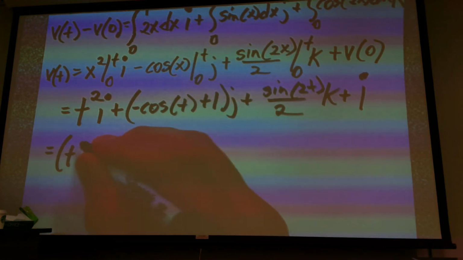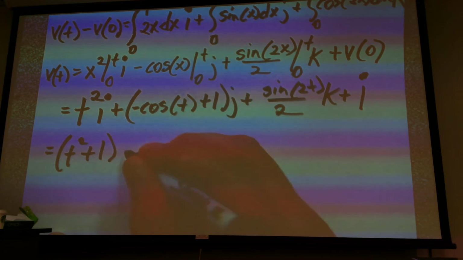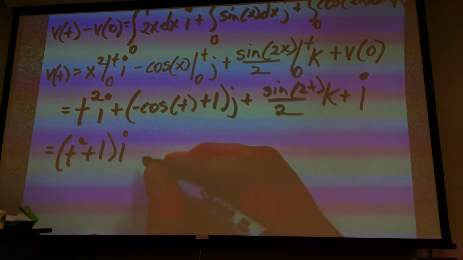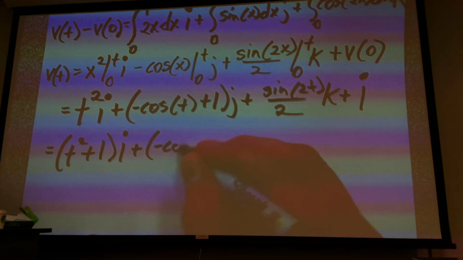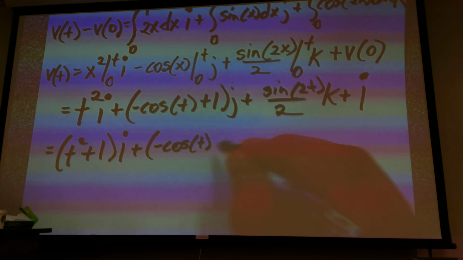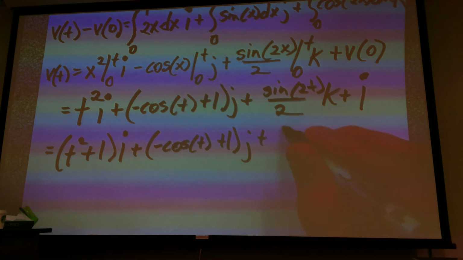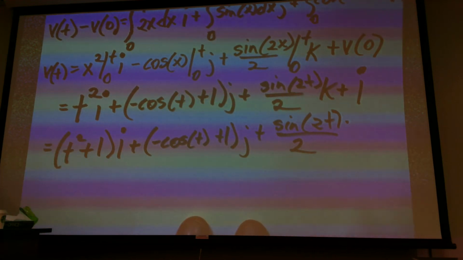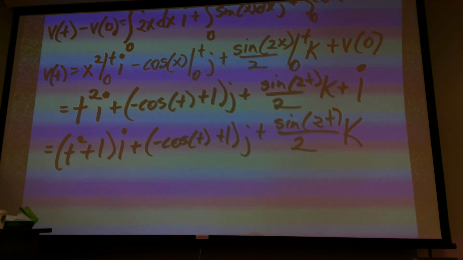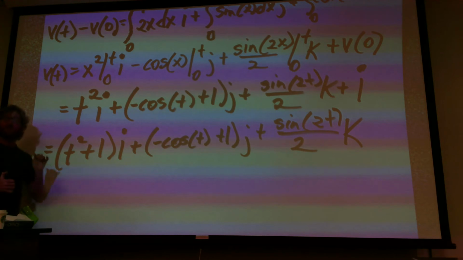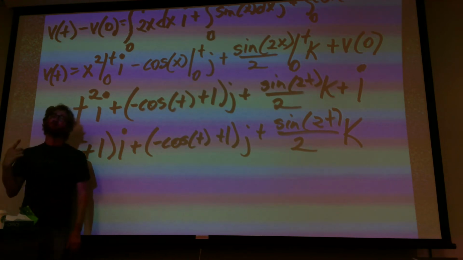So that becomes t squared plus 1 times i, now plus negative cosine of t plus 1 times j, plus sine of 2t divided by 2 times k. Okay, so this is the three-dimensional representation of the velocity as a function of time, given the initial velocity of the problem.